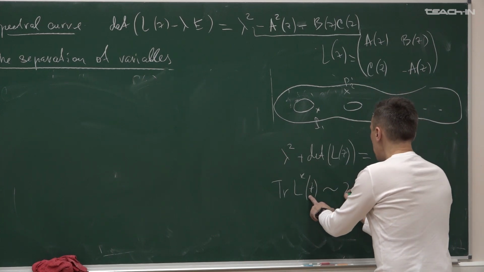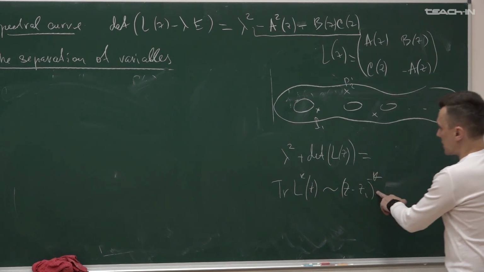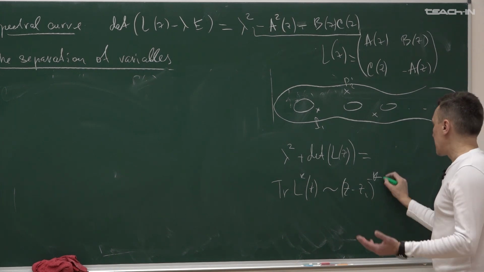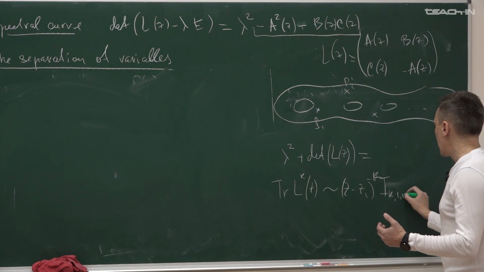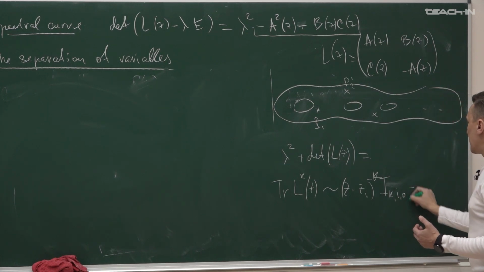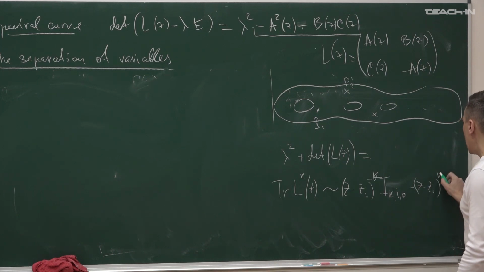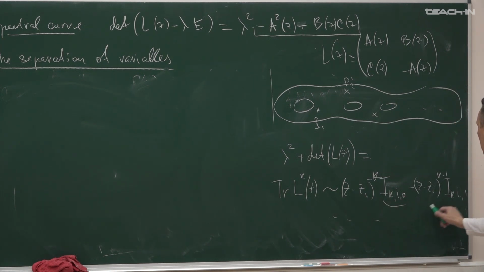So around z minus z_i, it has such a Laurent expansion with some A_{k,i,0} plus (z minus z_i) A_{k,i,1}, etc. And all the set of these coefficients were in involution.